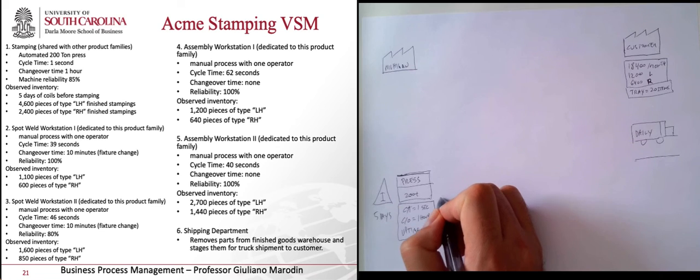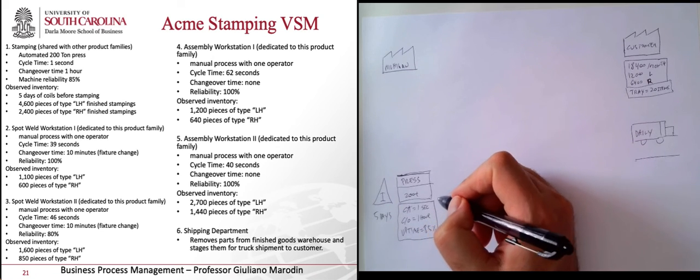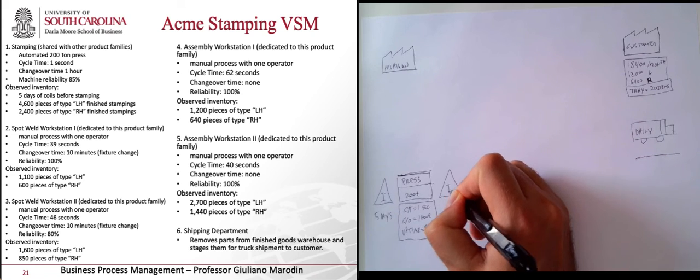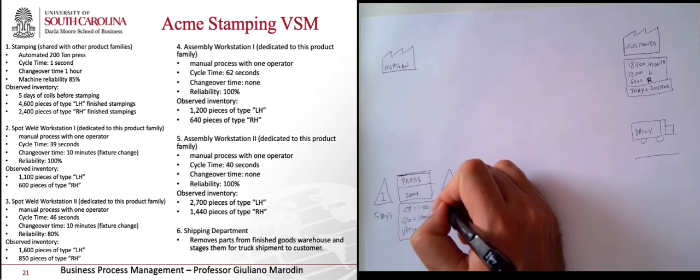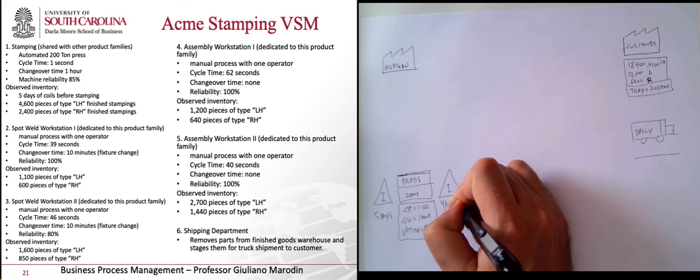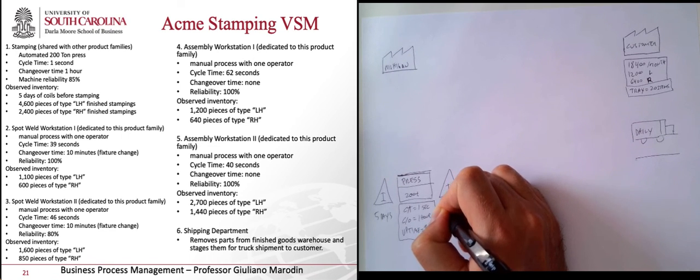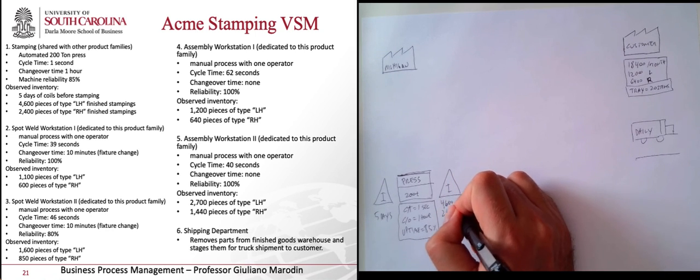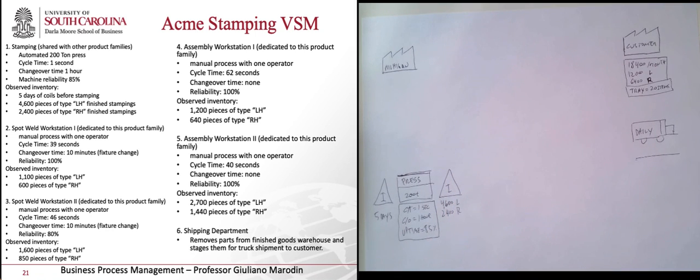We know that after this, and you can see that on number 1 there, we also have an inventory with 4,600 of the L size and 2,400 of the R size. Okay, I'm going to finish this video here and then continue in the next one so it doesn't get that big.